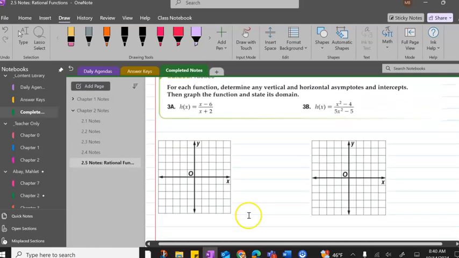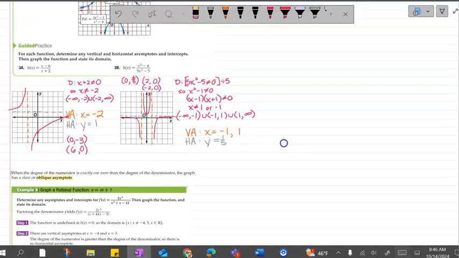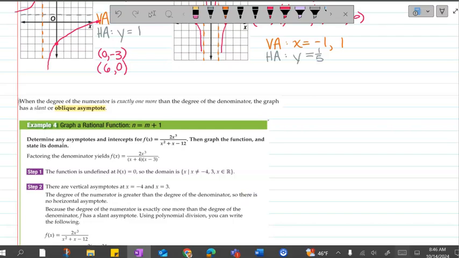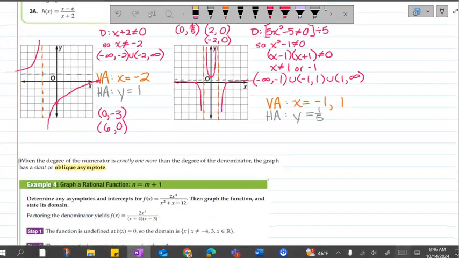And I will have you pause your video again and try example 3a and 3b. All right, so here you can see how I found my domains. I also found vertical asymptotes, horizontal asymptotes, looking at the ratio of the leading coefficients, found some intercepts, and then connected those intercepts and a few extra points.